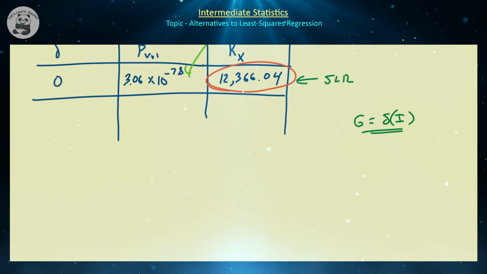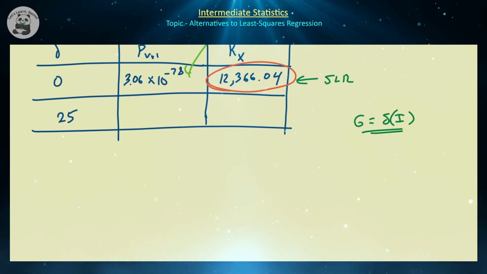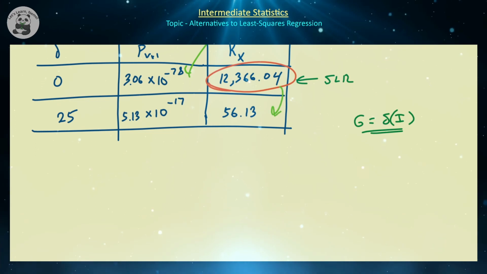So I'm fixing my x1, x2, and y data, and that's the p-value and kappa that I got for that particular model. So when I chose delta to be equal to 25, my p-value changed into 5.13 times 10 to the minus 17, and my kappa value decreased to 56.13. Right? Now notice how much it changed in terms of stability. That should make you very happy.